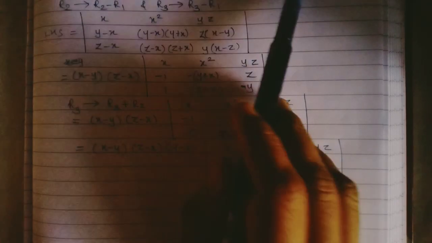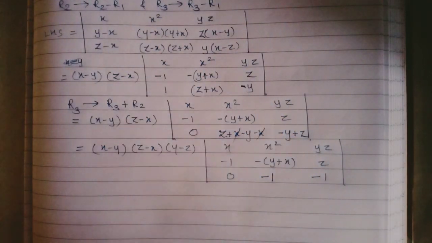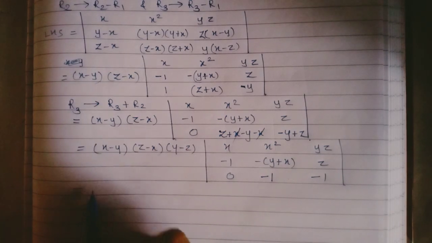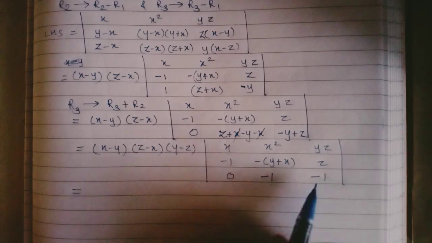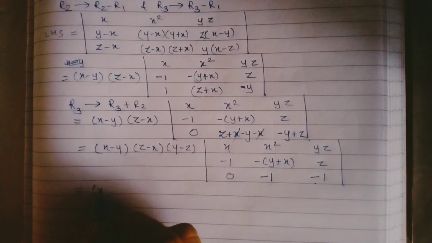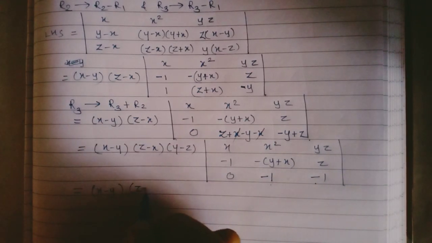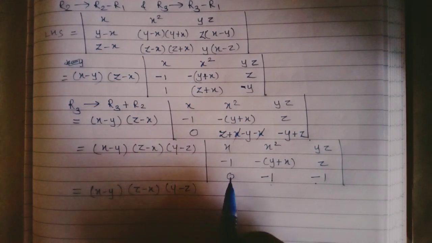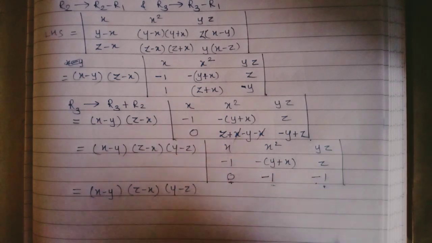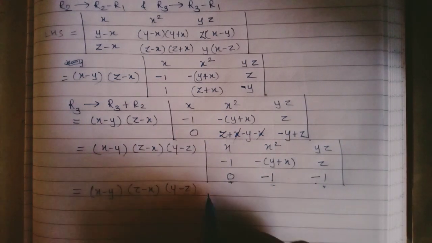Now we want this xy plus yz plus zx. So I'll expand this determinant along R3. Okay, let's see what we get. So this is plus minus plus, plus minus plus. So 0 is 0, minus of minus 1, so 1.